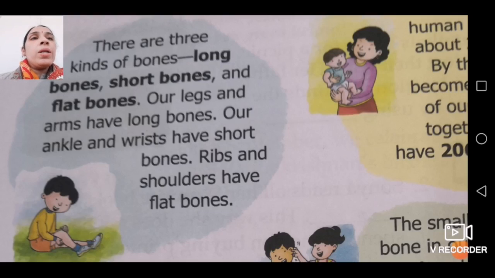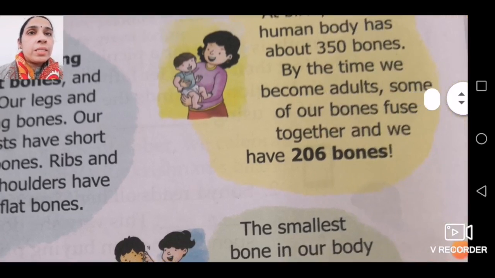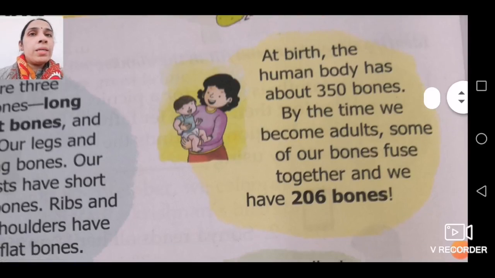Now children, we'll come to the next part of that page. At birth, the human body has about 350 bones. So at the time of birth, a child who is born has more than 300 bones. By the time we become adult, some of our bones fuse together and we have 206 bones.